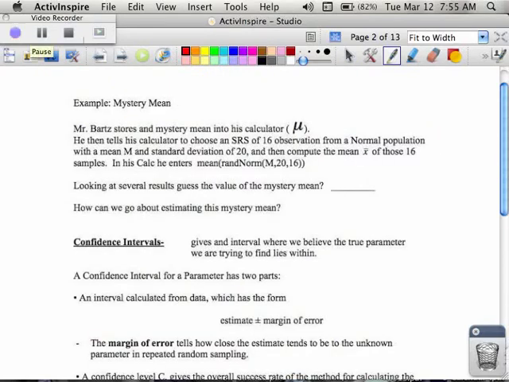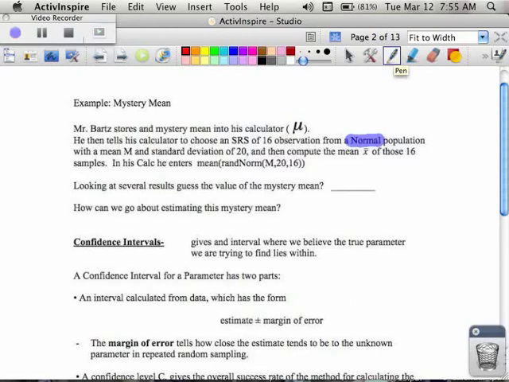Okay, so in this next example, we're going to talk about some mystery mean. Mr. Bartz stores a mystery mean in his calculator, mu. He tells the calculator to choose a simple random sample of 16 observations from a normal population. So a clue already: they tell me that something's going to be normal, so now we can do some statistics with it.